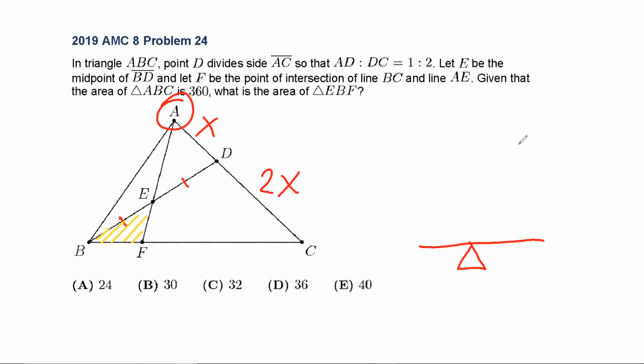So since DC is twice of AD, then if point A has a weight of 2, then point C would have a weight of 1. So does everybody understand that?